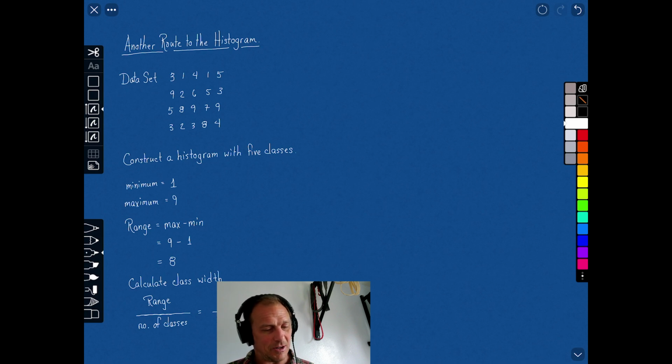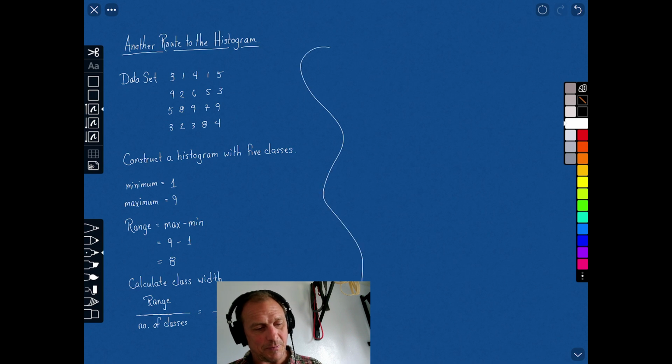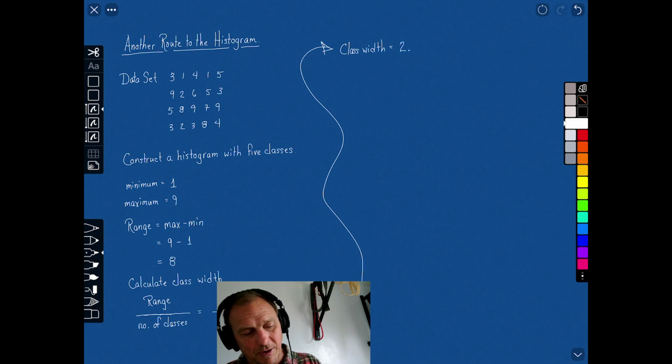So in other words, our class width is 2. We always round up. Because our data is in whole numbers, our class width also needs to be in whole numbers. And we almost have everything we need.